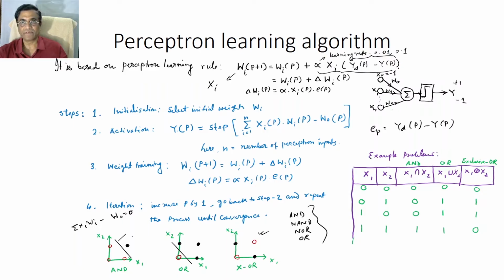Perhaps you have seen this somewhere in lecture number 9. This is similar to our gradient descent algorithm. This is called the delta learning rule.